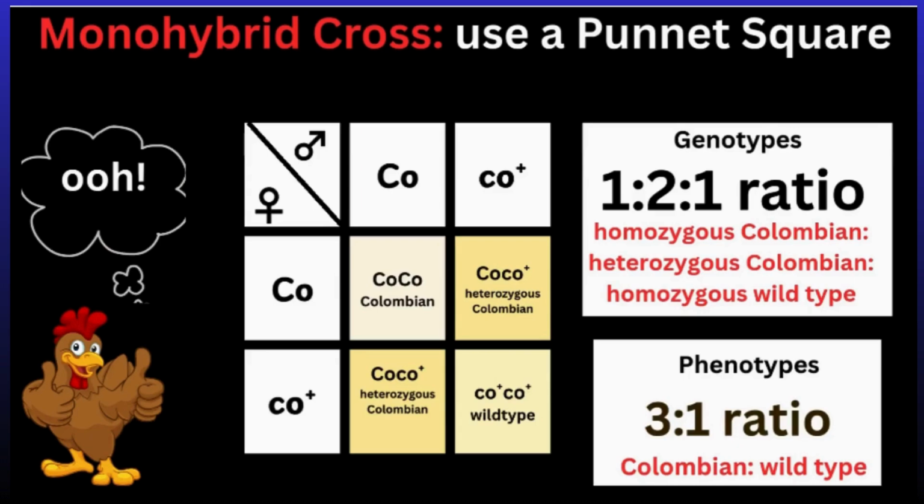Then by working along and down, we can easily work out what the phenotypes and genotypes of the chicks are likely to be. We can see that there is a characteristic 1:2:1 ratio of genotypes and a 3:1 ratio of phenotypes, so that on average, we could expect 3 Columbian chicks to every wild-type chick.